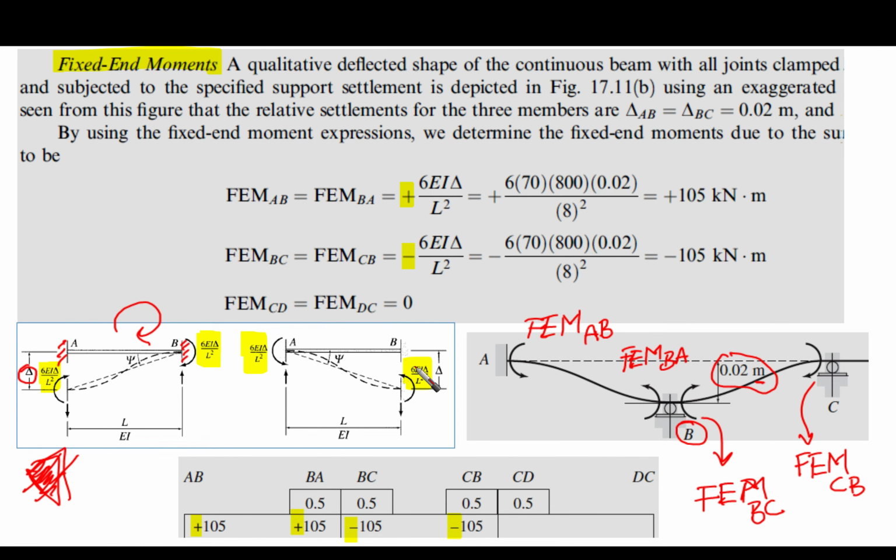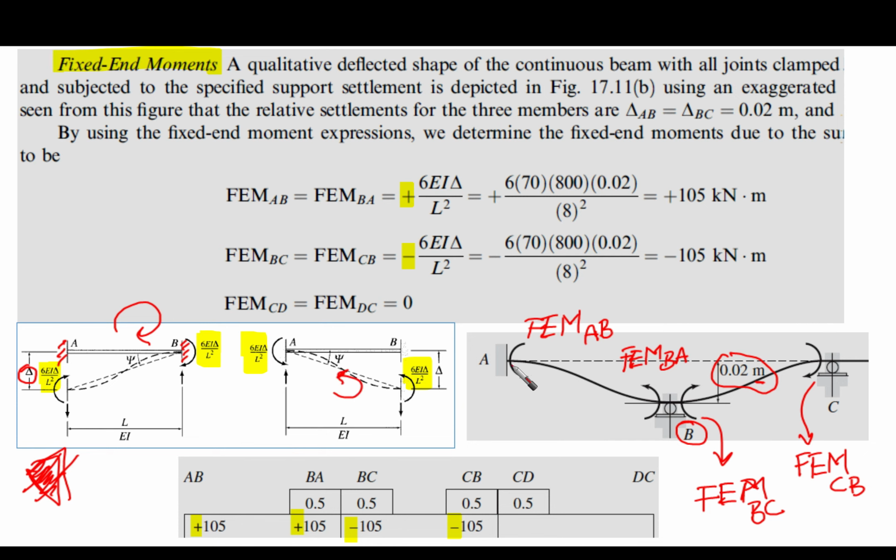However, if the settlement is happening here at point B, we are going to find that the moment is counterclockwise at B, and here at A it is also counterclockwise. So the sense here is going to be counterclockwise. Okay? So we need to take care of this.